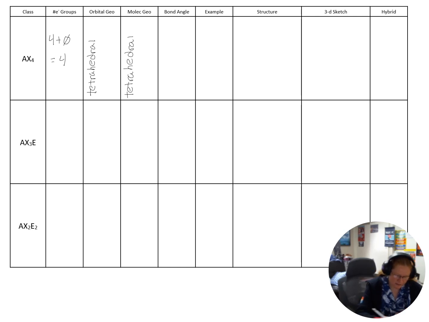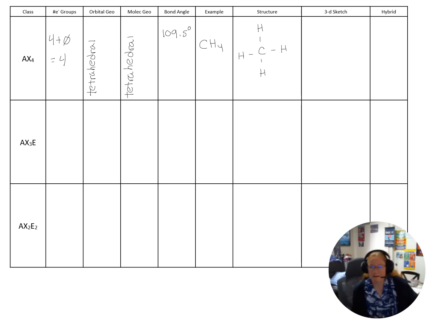All right, and this is our 109.5 degree bond angle. And the most common example of this is methane.